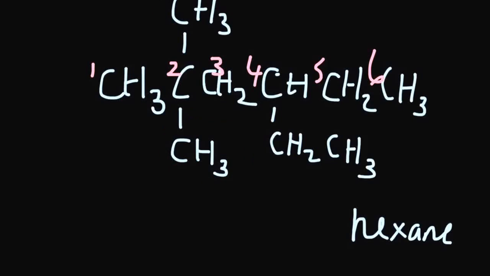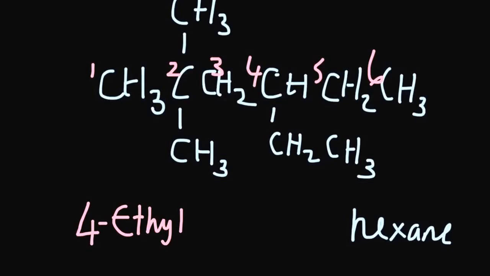Okay, let's have a look at the different groups we have. We have a methyl and a methyl, and we have this, which is 2 carbons, so it's ethyl. Now what we do now is we do it alphabetically. So alphabetically, ethyl comes before methyl. So this is going to be ethyl first. Now the ethyl is off carbon 4, so this is going to be 4-ethyl.